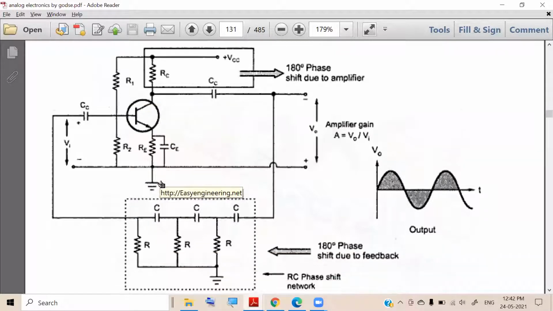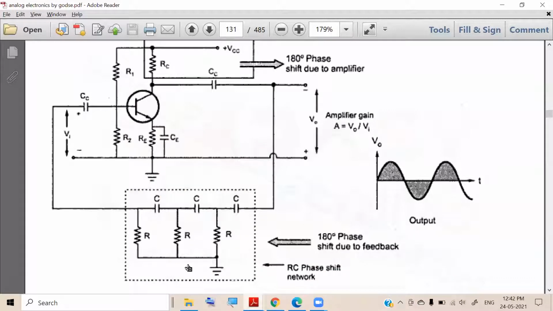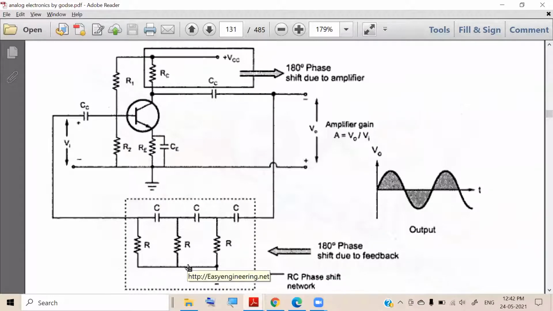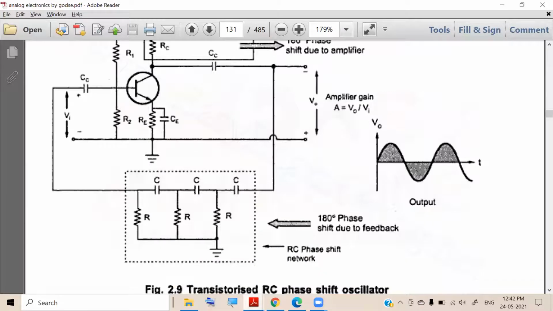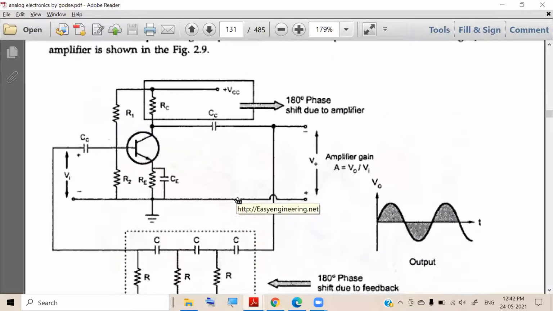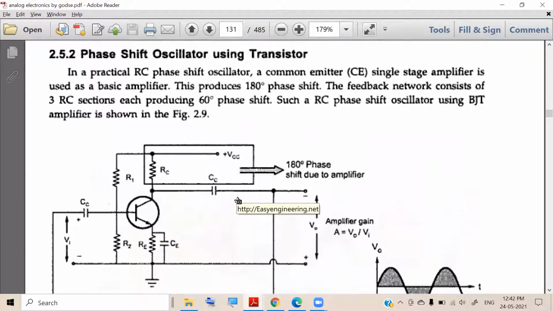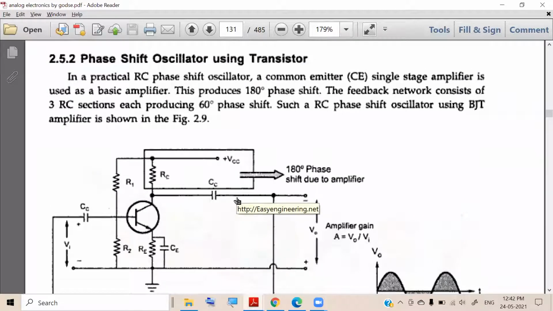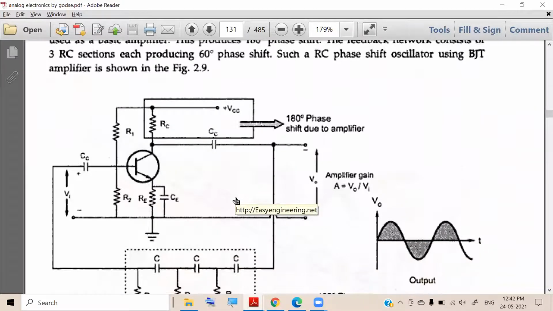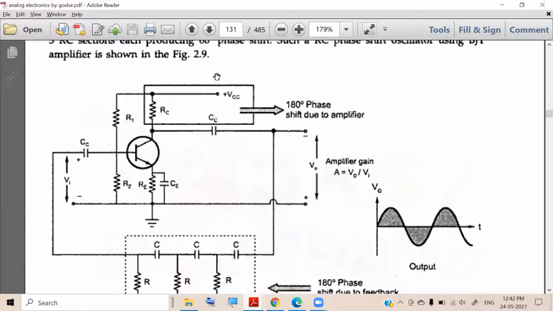Next, what an RC phase shift oscillator actually consists of is three stages of RC network. We are discussing the RC phase shift oscillator. As I told you, this amplifier block is the same as in the previous case.